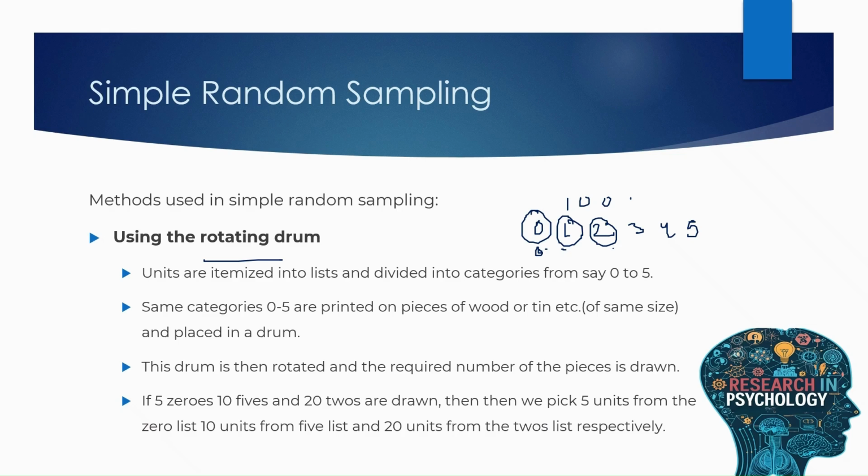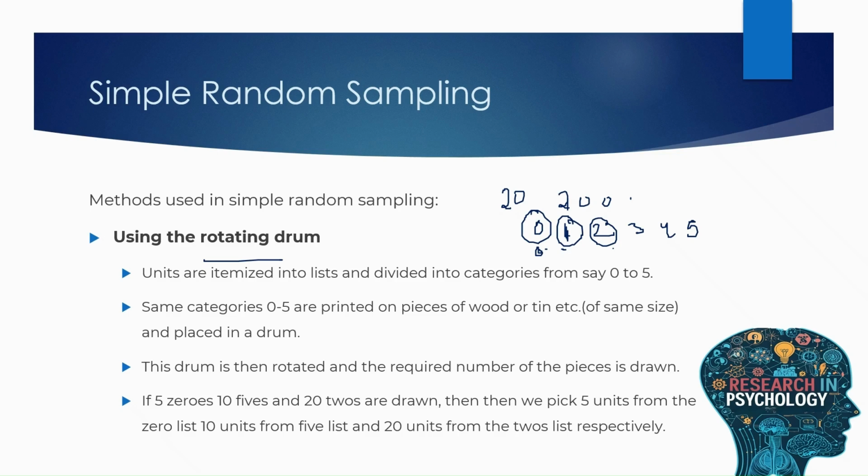Right, and then, if I have like 20 people with 0, I'll have 20 pieces of wood or 20 pieces of tin with number 0 written on it. If I have maybe another 20 people who have got 1, then I will similarly have 20 pieces of wood or tin with the number 1 written on it.